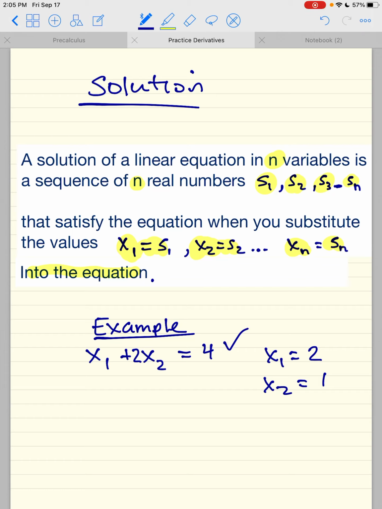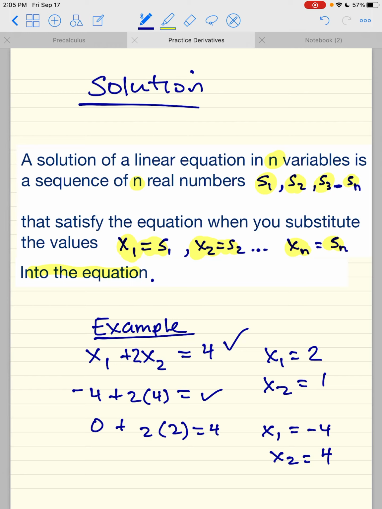Sure. What if I made x1 negative 4 and x2 positive 4? Negative 4 plus 2 times 4, that works, right? What if I made x1 0 and x2 2?